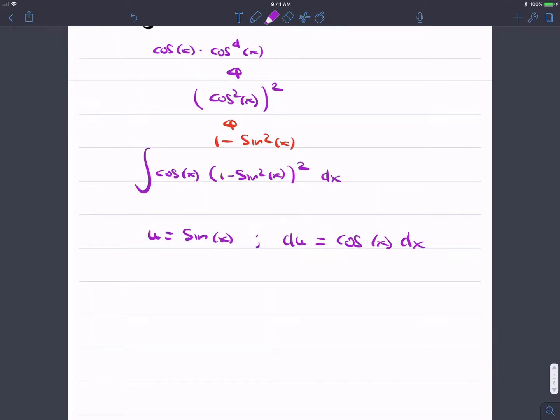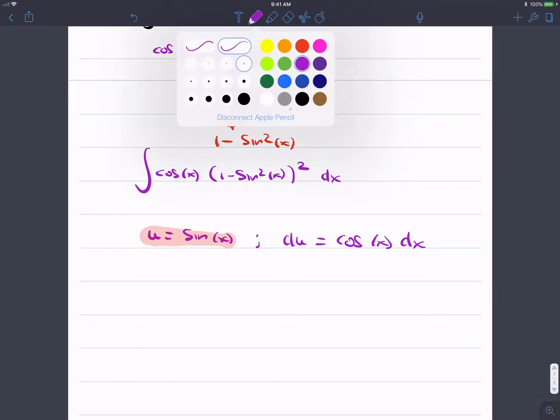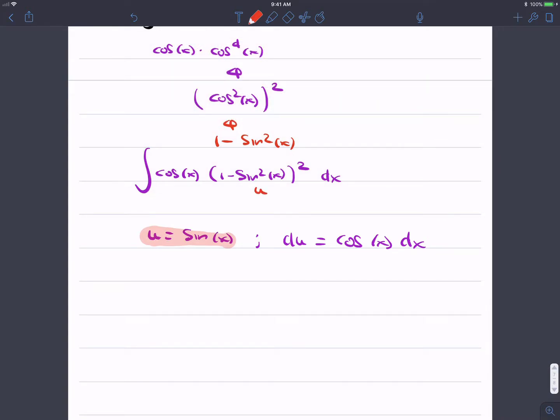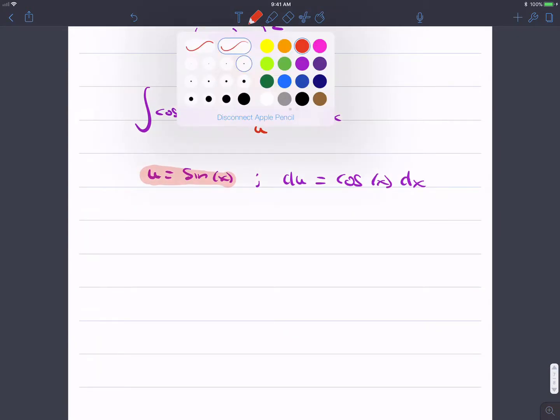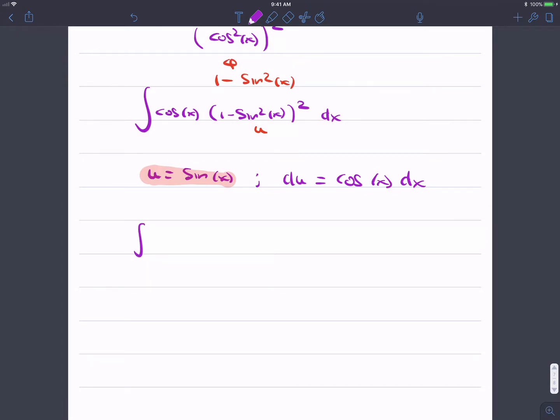I'm going to replace my sine here with u, and we'll end up with cosine times 1 minus u squared squared dx. So cosine dx here is actually du, and we're going to integrate 1 minus u squared squared du.